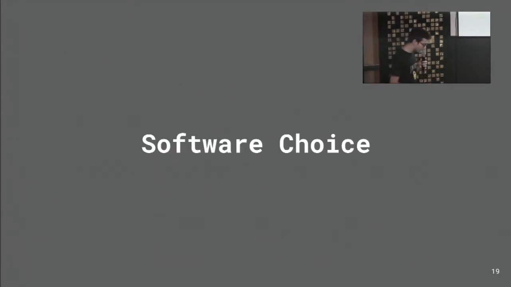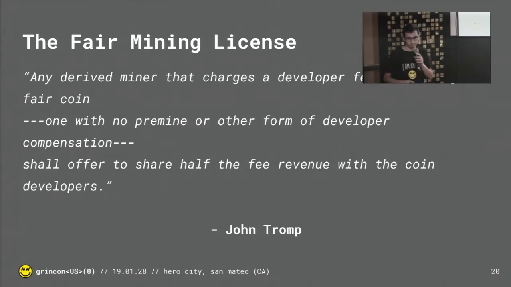Okay, so now that you know a bit about the different hardware choices that you have, we'll see the software. But before going deep into the software that you can use, I just want to speak about the fair mining license.